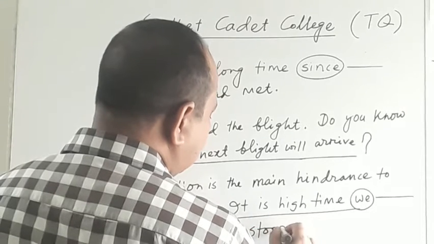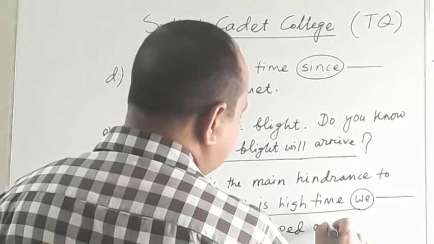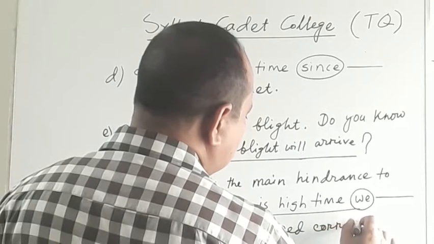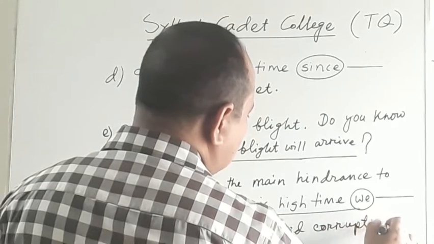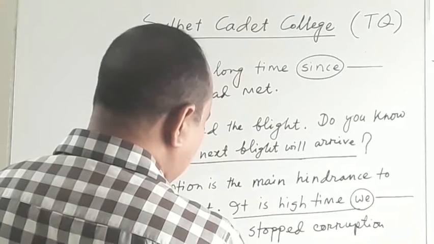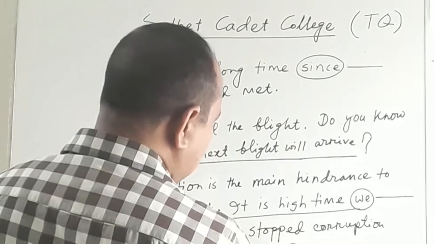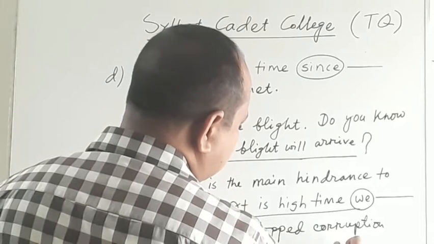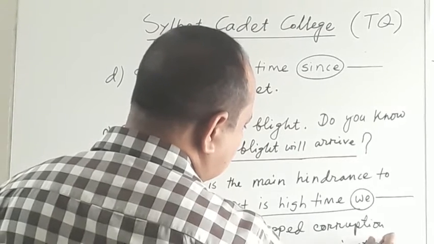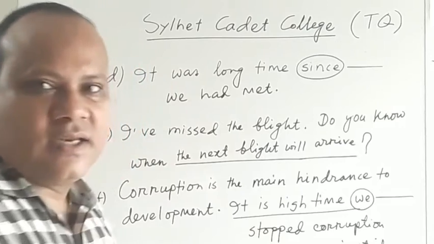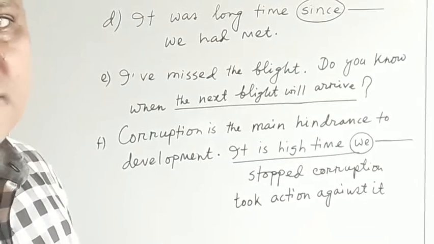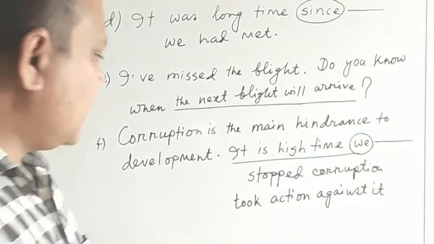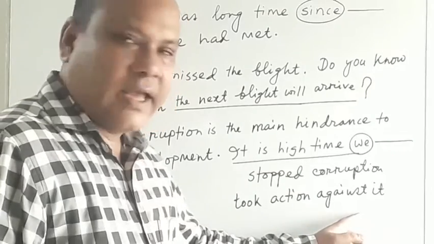We stopped corruption. Or it is high time we took action against it. We can easily write, we stopped corruption, or we can write, took action against it.